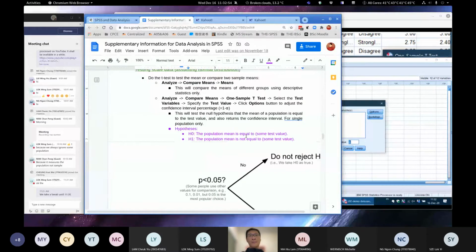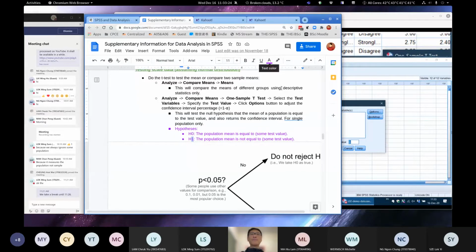Okay, so for the one sample t-test, the hypothesis looks like this. The population mean is equal to some test value, like 10 or 0 or something. And the population mean is not equal to some value in the alternative hypothesis. Now notice the symbol. Some people use HA to represent alternative hypothesis, but some other people use H1. They mean the same thing. Okay, so it doesn't matter here.